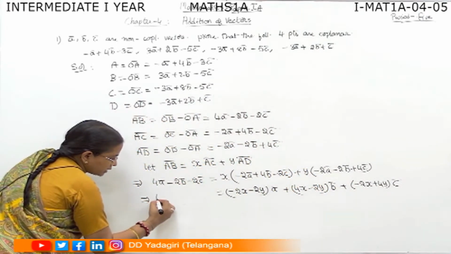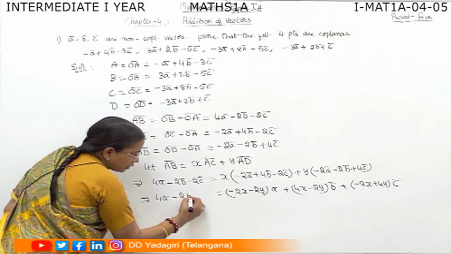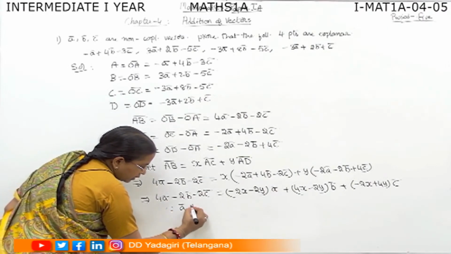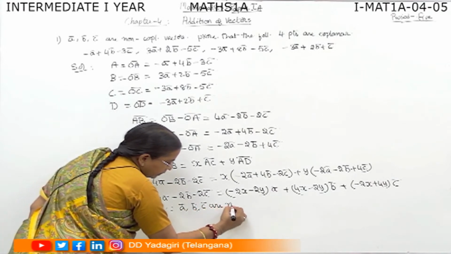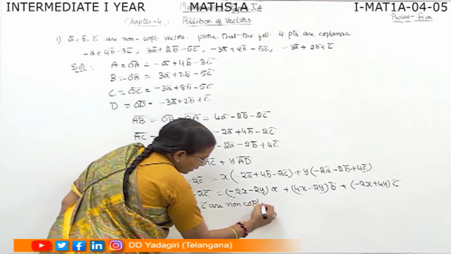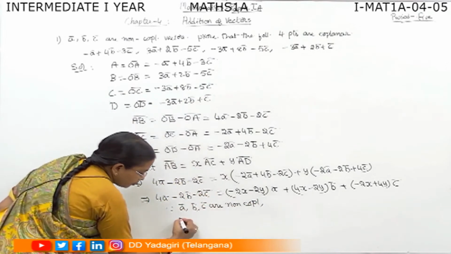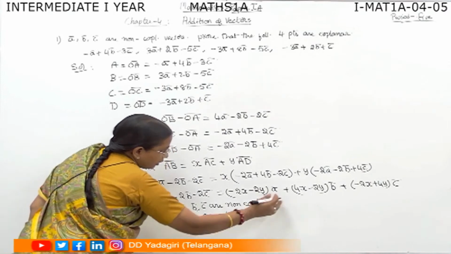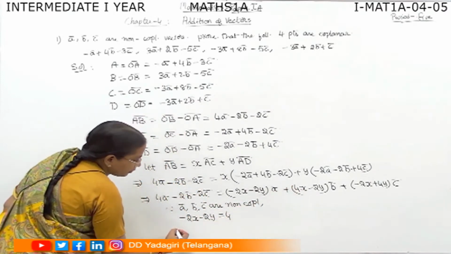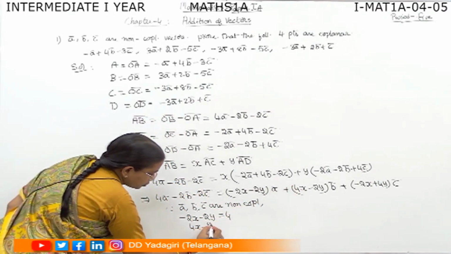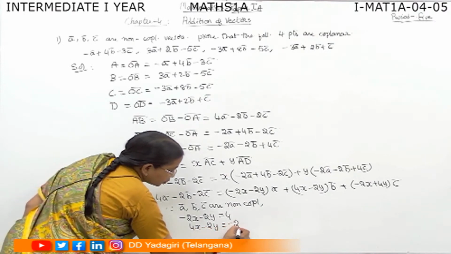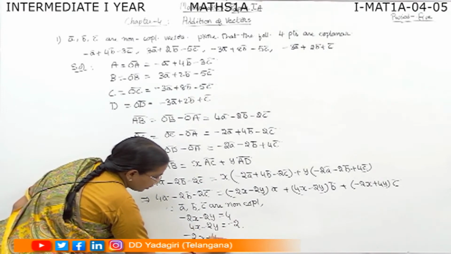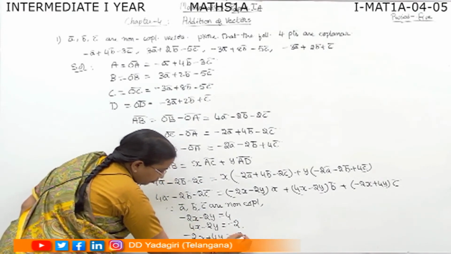Now since a, b, c are non-coplanar, you can equate the coefficients. So minus 2x minus 2y is equal to 4, and then b coefficient 4x minus 2y is equal to minus 2. Next third one, minus 2x plus 4y is equal to minus 2.